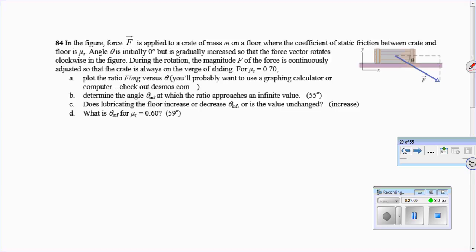There's 60. No, we want to do this. I assigned this on purpose.